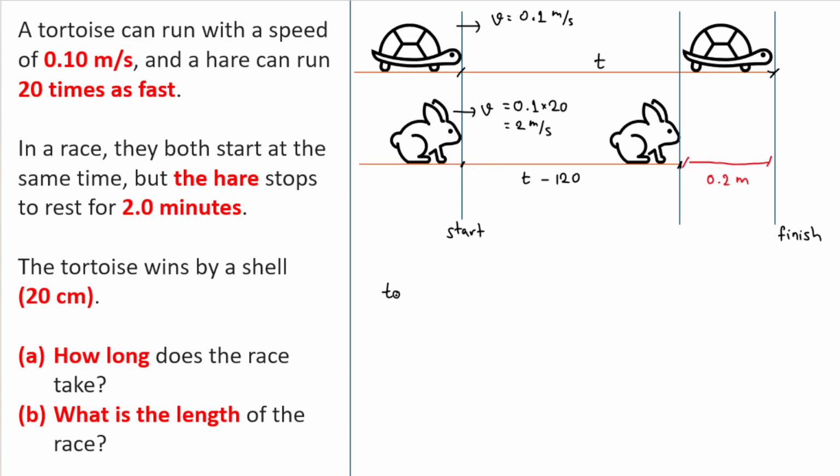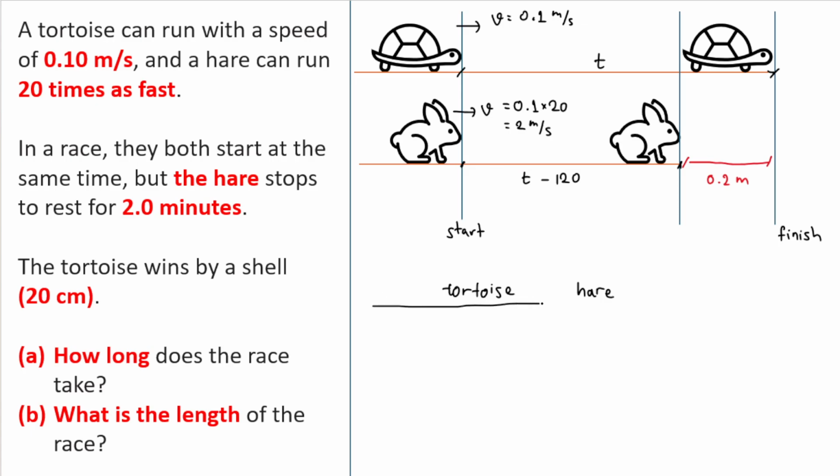So we will have our tortoise here, and then let's have our hare here. And we have three things: time, distance, and also speed.